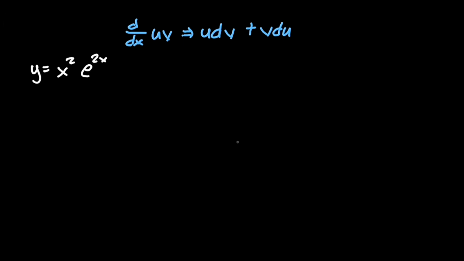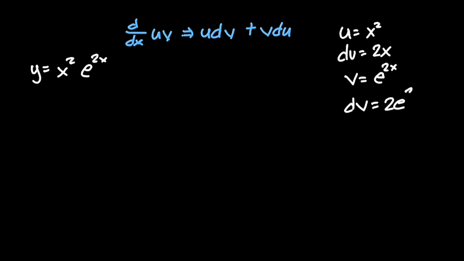Let's solve this problem. Y equals x squared multiplied by e raised to the power of 2x. U here would be x squared. The derivative of x squared would be 2x. V here would be e raised to the power of 2x, and the derivative of this would be 2e raised to the power of 2x.